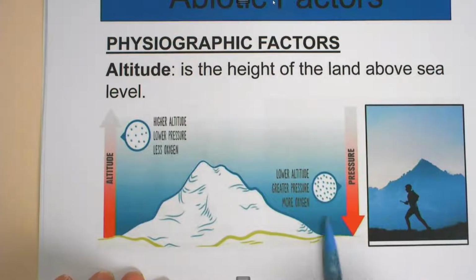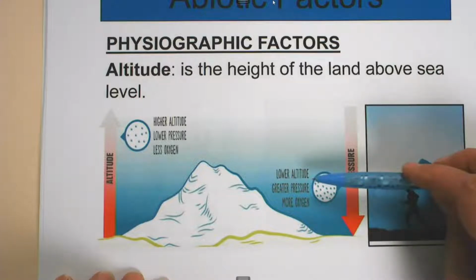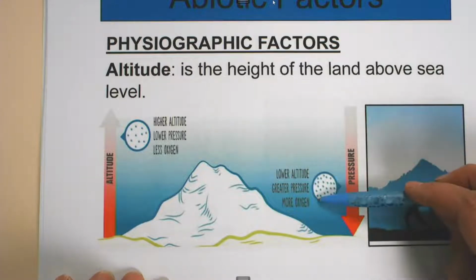When I'm close to sea level, look at that, I want to say representation. Those dots represent oxygen molecules. So when I'm closer to sea level, I see there are quite a lot of oxygen molecules. So the altitude is lower, the pressure is greater, and there's more oxygen.